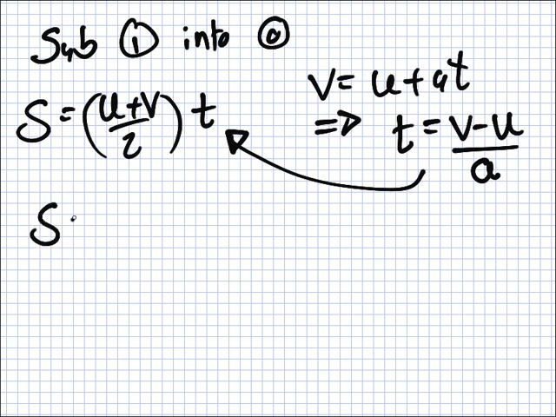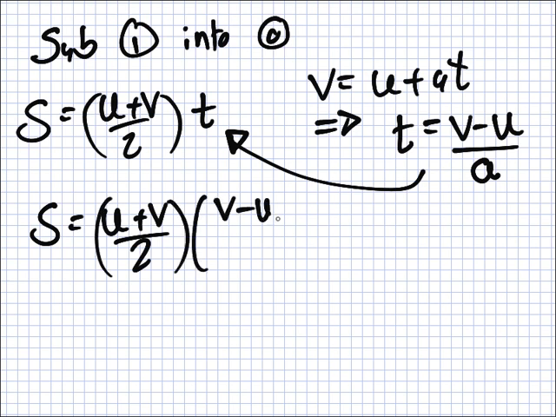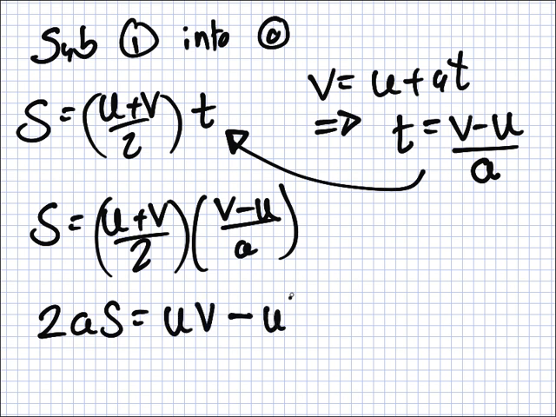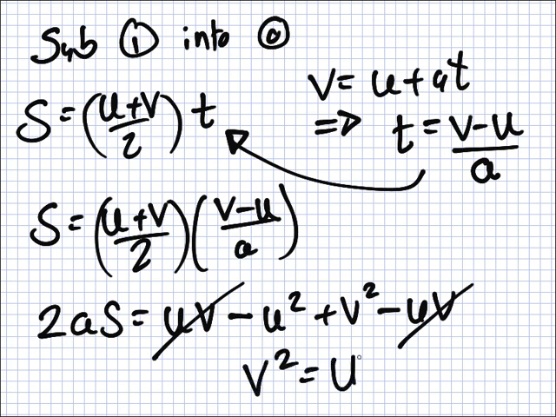So now you have S equals U plus V over 2 times V minus U over A. So that means you have 2AS equals UV minus U squared plus V squared minus UV when you expand. These cancel, and you can take this to the left, and you get V squared equals U squared plus 2AS. And this is equation 3.